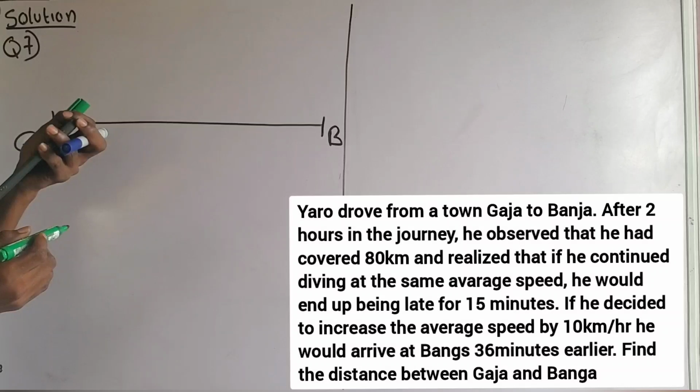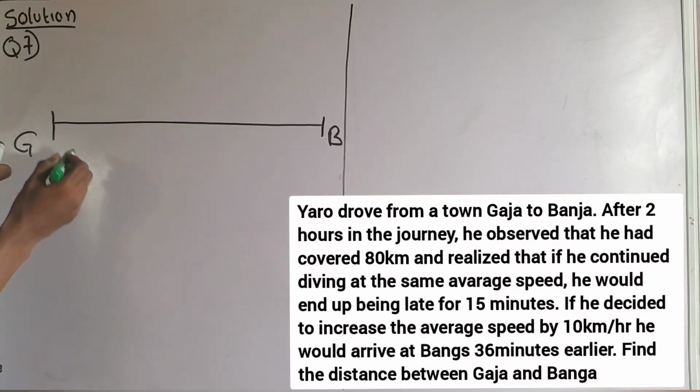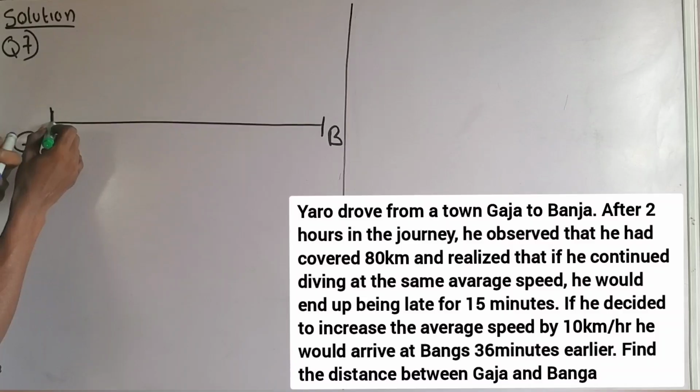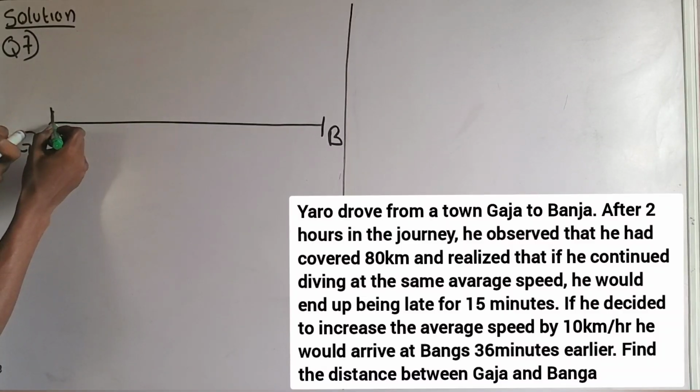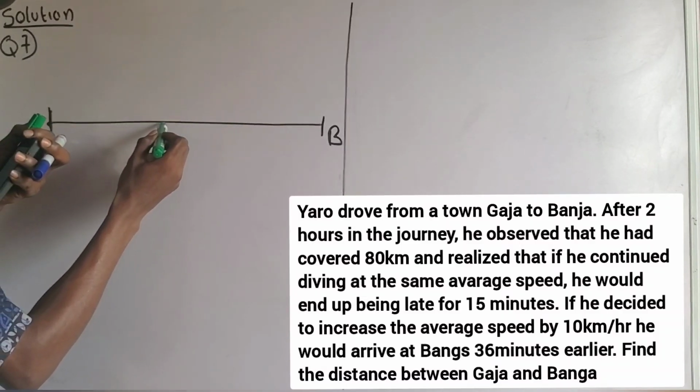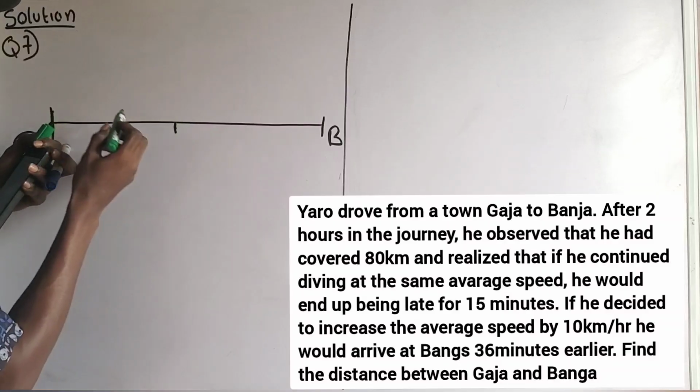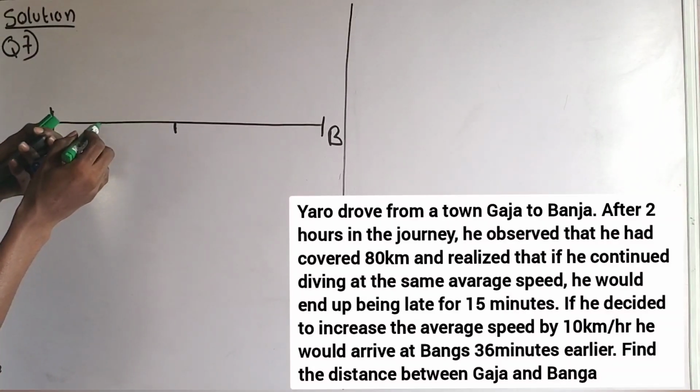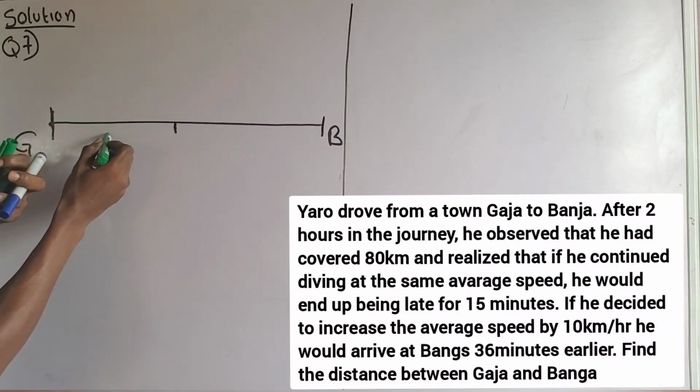After 2 hours in the journey, he observed that he had covered 80 kilometers. Okay, now he starts from Ganja. Now, after 2 hours, let's call this place 2 hours. He has covered a distance of 80 kilometers.